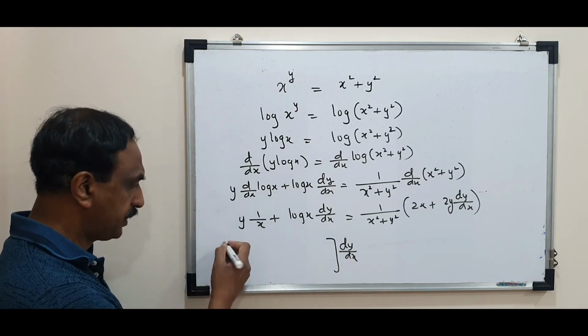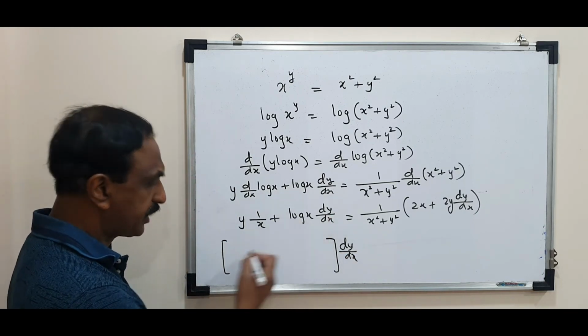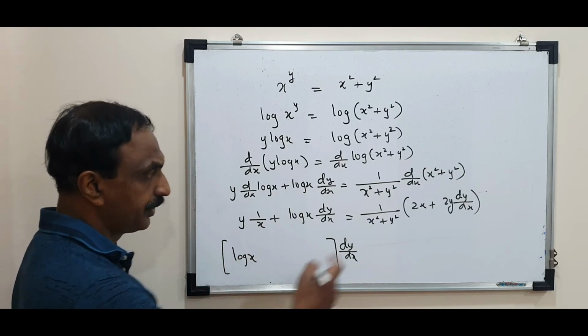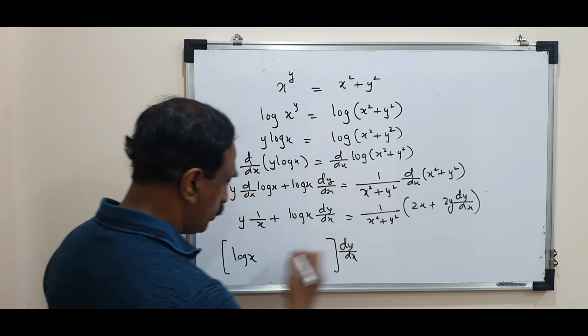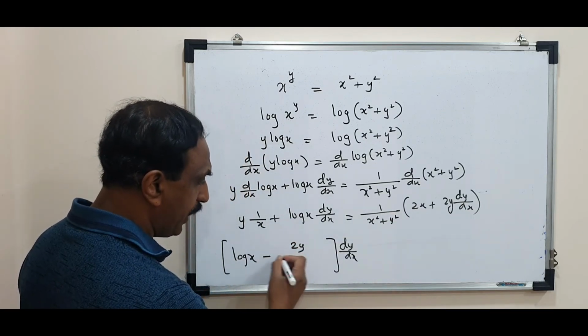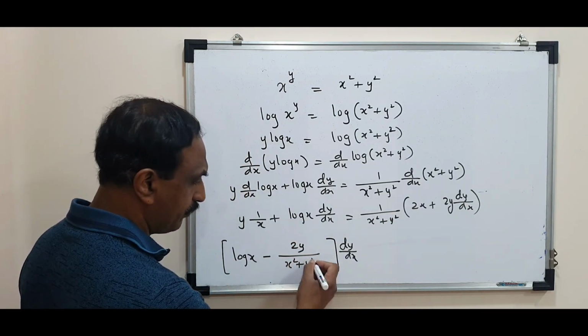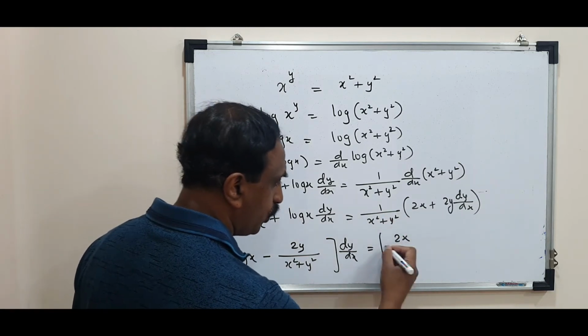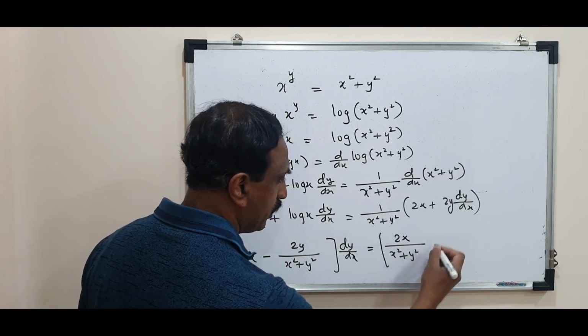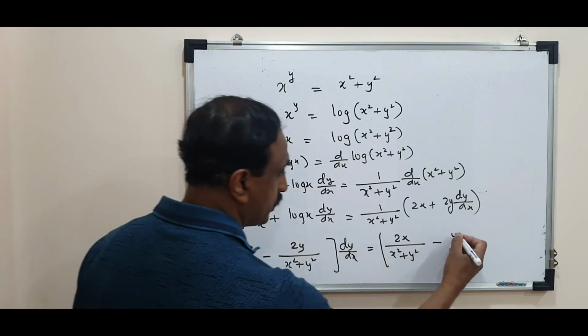I need more space, that's why I'll take a little more. Dy by dx coefficient, log x. Dy by dx coefficient, don't write 2y, there's a bracket here. So it will be minus 2y upon x square plus y square is equal to term without dy by dx, 2x upon x square plus y square minus y by x.